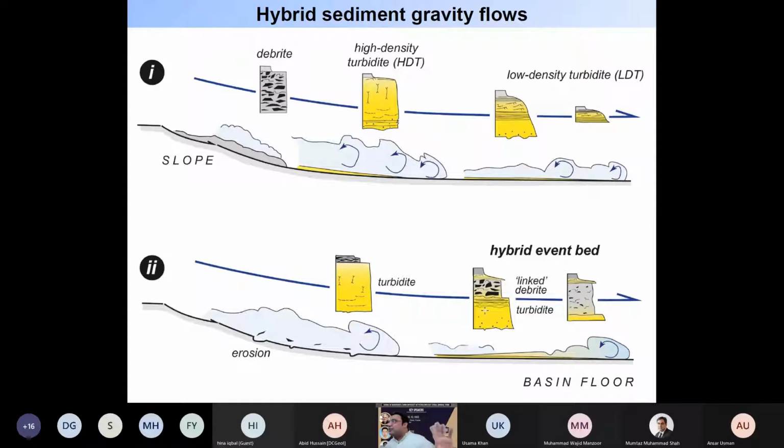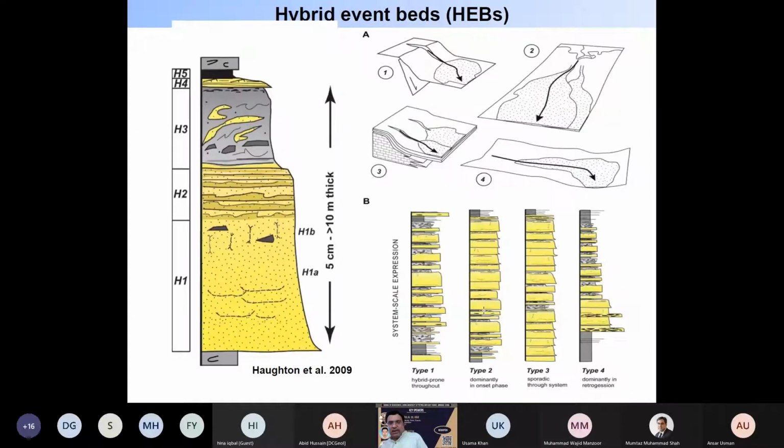So in a single event, you can have a turbidite part and a debrite, muddy-rich part. This phenomenon was explained by Peter Haughton in his seminal paper in 2009, and the deposits are called hybrid event beds. Hybrid means that a turbidity current is showing more than one process of deposition.